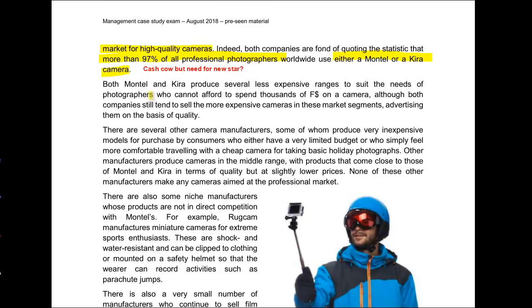Interestingly, both Montel and Kira produce several less expensive ranges to suit all needs. So again, this is linking back to perhaps these ranges being the ones that Montel and even their rival Kira will have to analyze in a very specific way. So again, NPV analysis, looking at financial statements as to whether there can be some cost cutting, perhaps simply because certain ranges are impacting the financial statement too negatively compared to others.